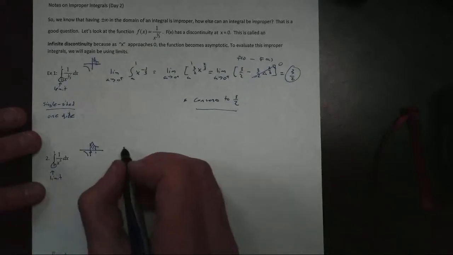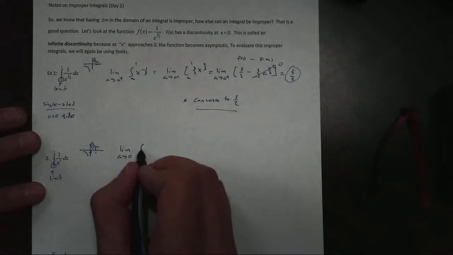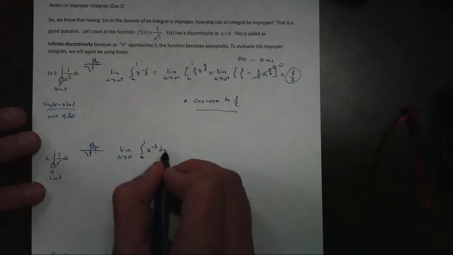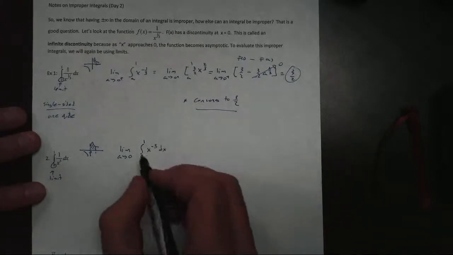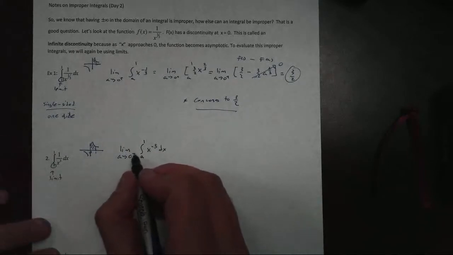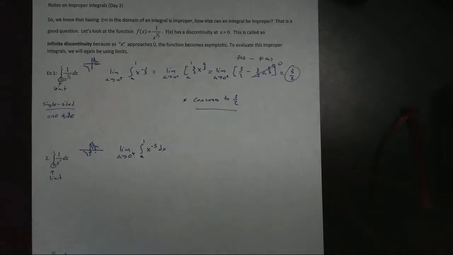So when we set this up, I'm going to write this as the limit as a goes to 0 from a to 1 of x to the negative 3rd dx. That's tough to say. But again, we have to deal with a single-sided limit, so it's going to be a plus because we're dealing with the right side. Because from 0 to 1, I'm on the right side of that function.